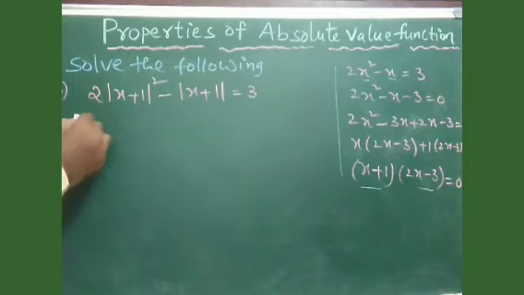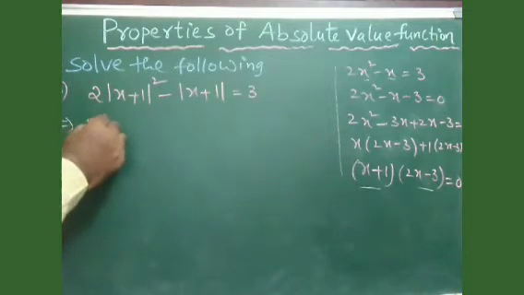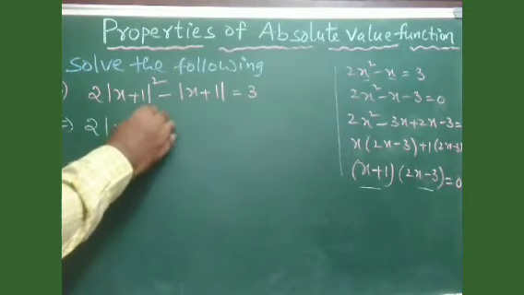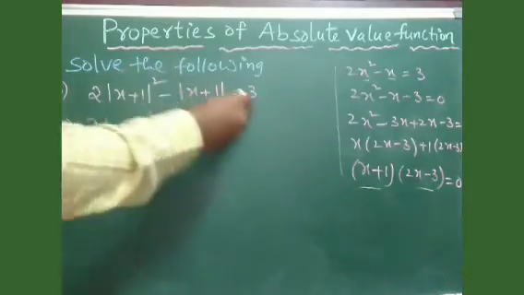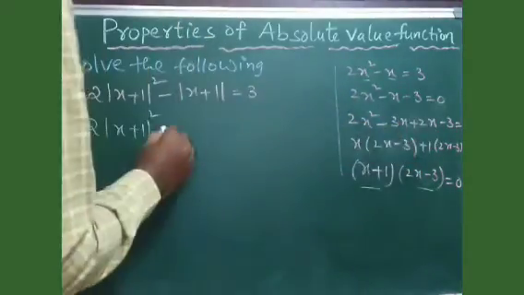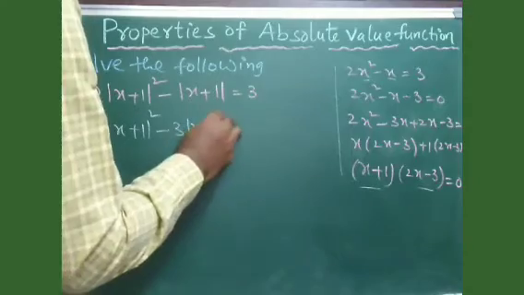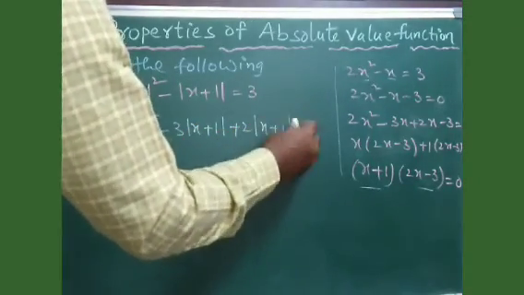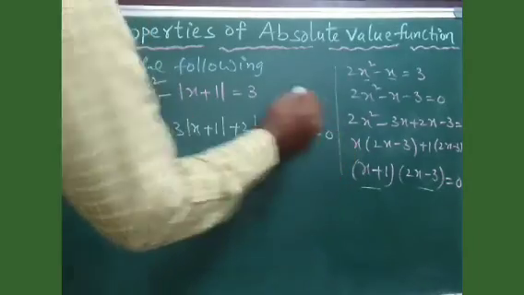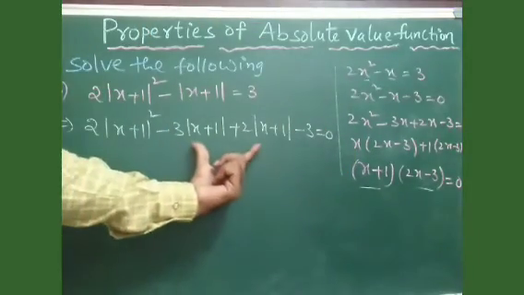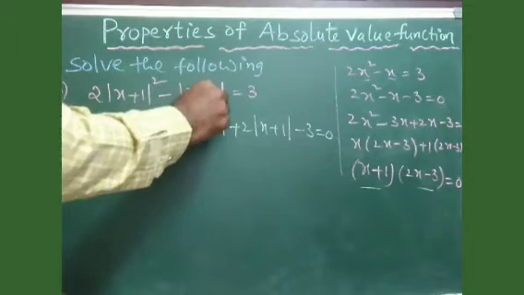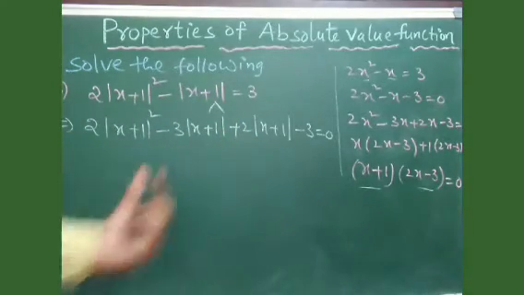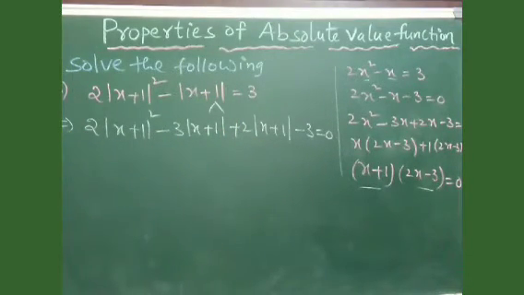So you can split it into factorization. That is 2 into modulus of x plus 1 whole square. How can we split it? In this way. That is minus 3 into modulus of x plus 1 plus 2 into modulus of x plus 1 minus 3 is equals to 0. Right? These are the factors. We are splitting into minus 3 into mod of x plus 1 plus 2 into mod of x plus 1.